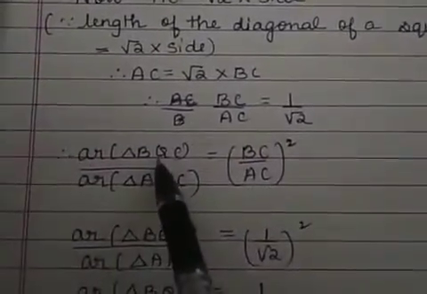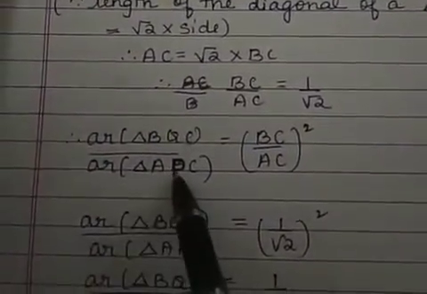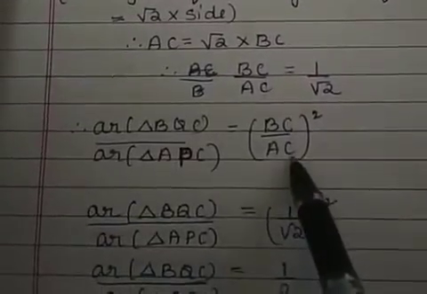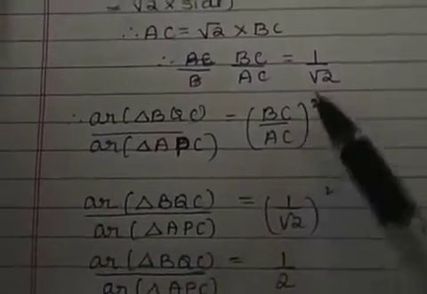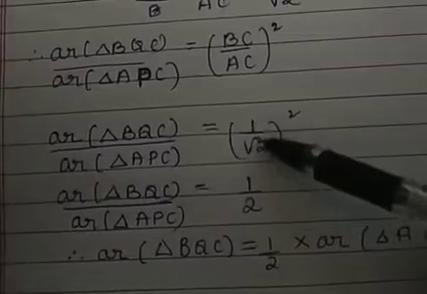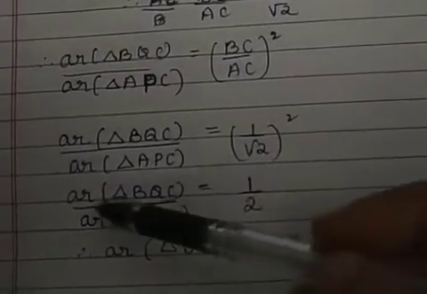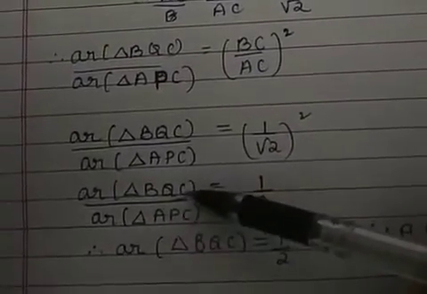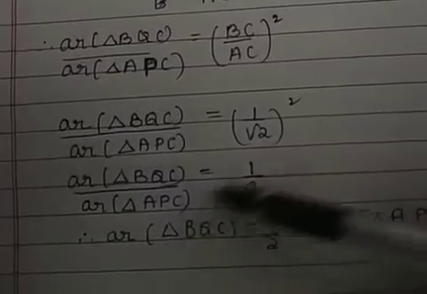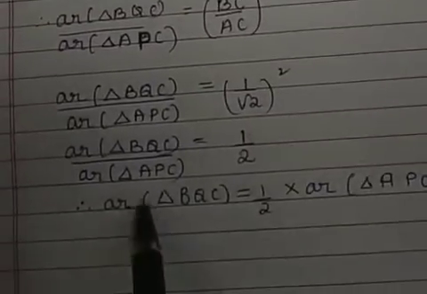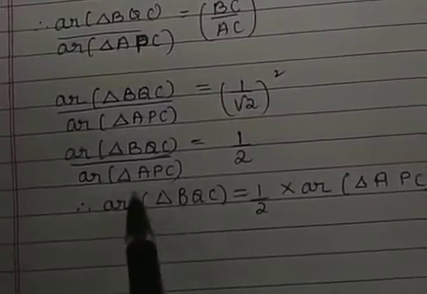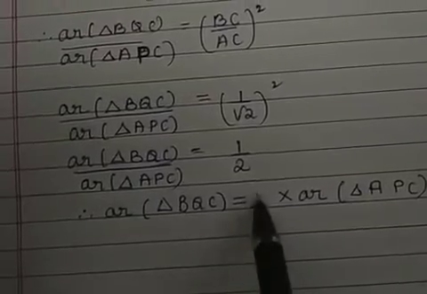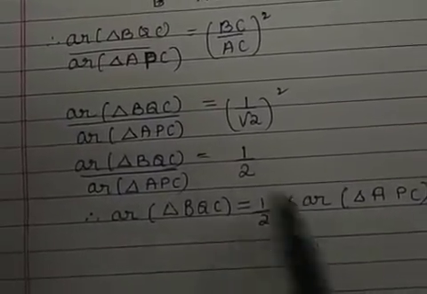So now let us substitute this. It is 1 upon root 2 the whole square. So the area of triangle BQC upon the area of triangle APC is half. So the area of triangle BQC is half of the area of triangle APC. So this is what we had to prove.